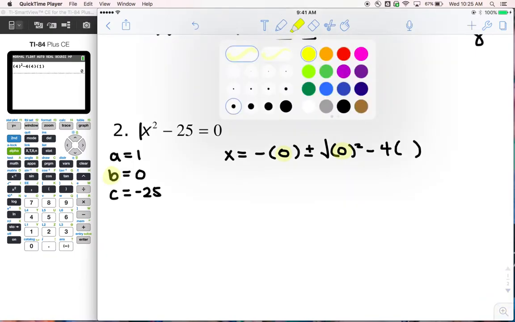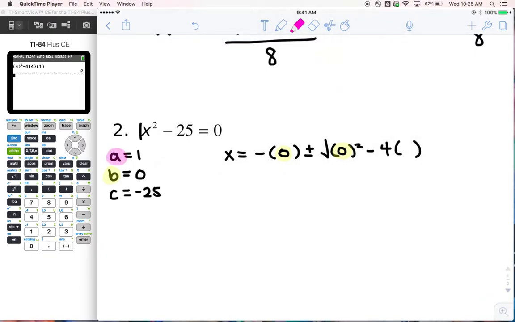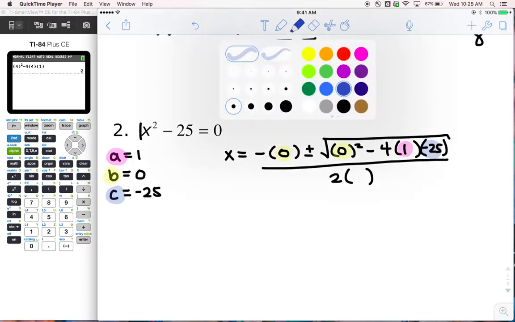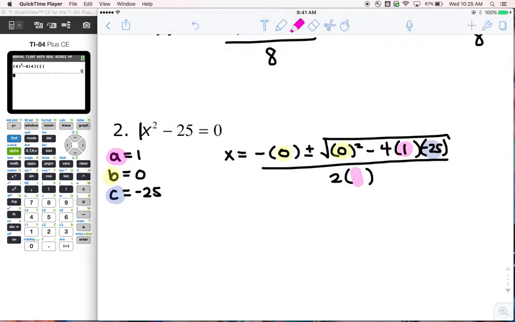And a in this case is 1. All right, so we got a 1 here. And then c, right? 4ac. And then c is what? Negative 25. All right, so that goes there. Okay, all in the square root. And then all of this is over 2 times a. And a is 1. Just put another 1 right there.